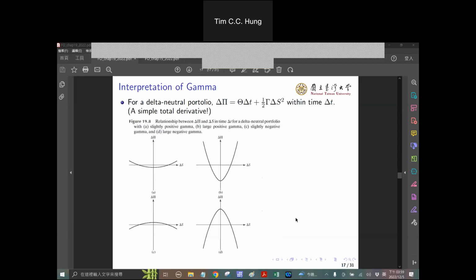There is basically a total derivative. So the change of the portfolio equals the partial change of the portfolio with respect to S, the underlying assets, multiplied by delta S. Second order.